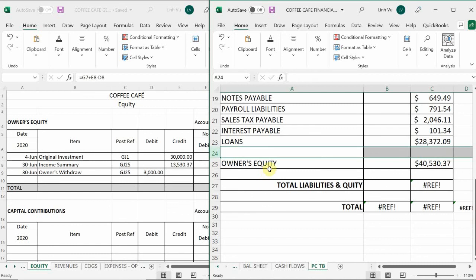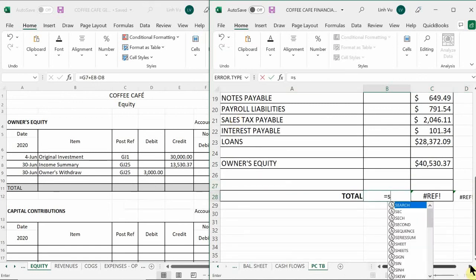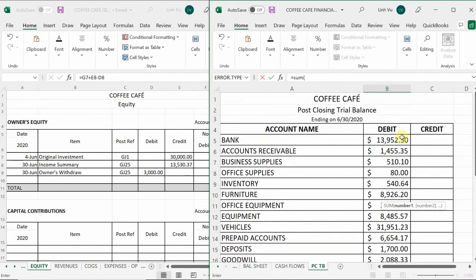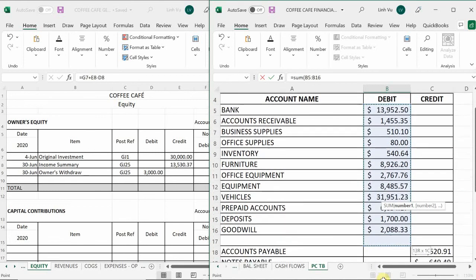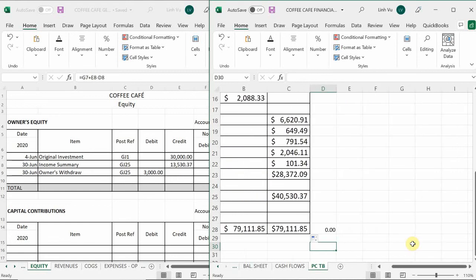And I'm going to go ahead and get rid of the total liabilities and equity, okay? So then therefore, I'm going to redo my formula, because my formula should now be my total debits, okay? And then this side is also going to be my total credits, which in this case, 111.85, and that's it, right?